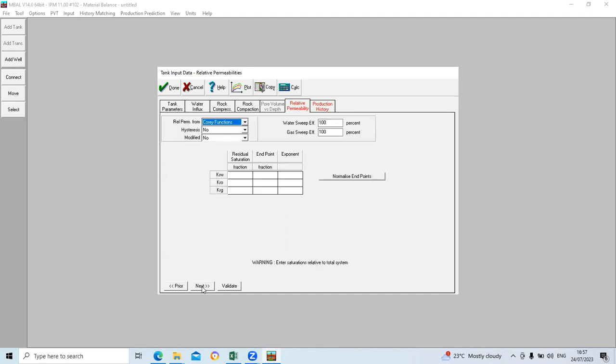Then we have our relative permeability. From here we could also get our relative permeability. There are different ways of obtaining the relative permeability. If you come here, we could have tables.